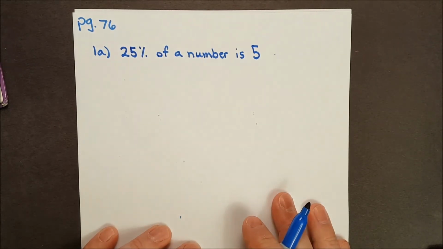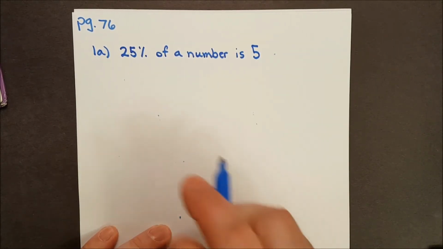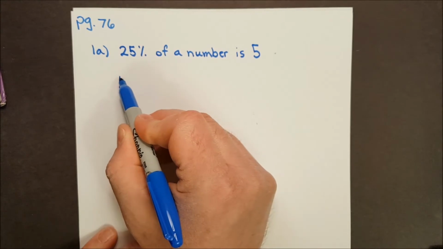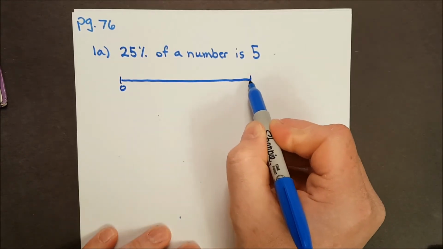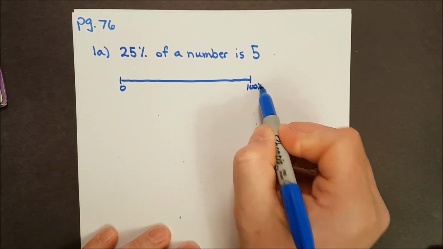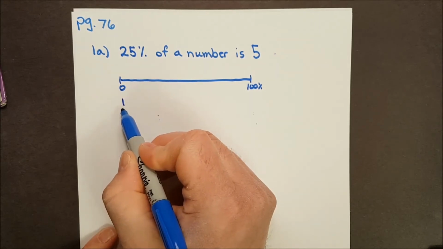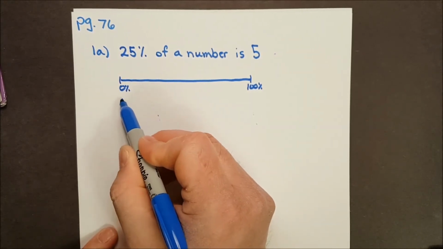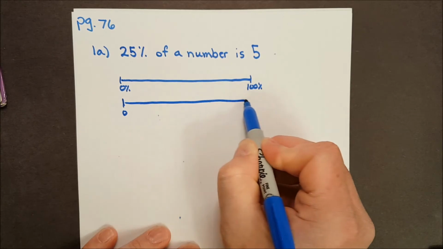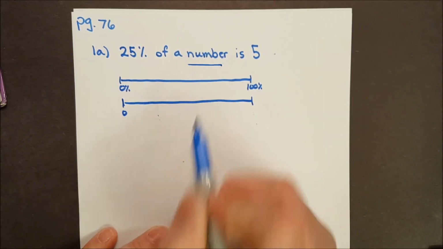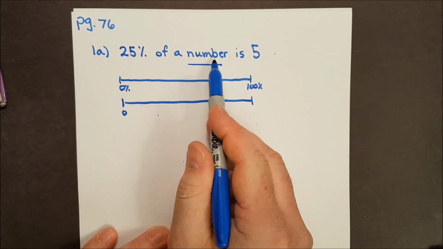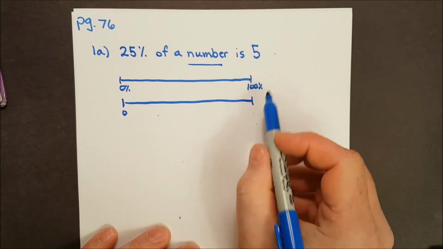Let's draw a diagram to illustrate this more explicitly. So we have 0% all the way to 100%. And here we have 0 all the way to some number. 25% of a number is 5.